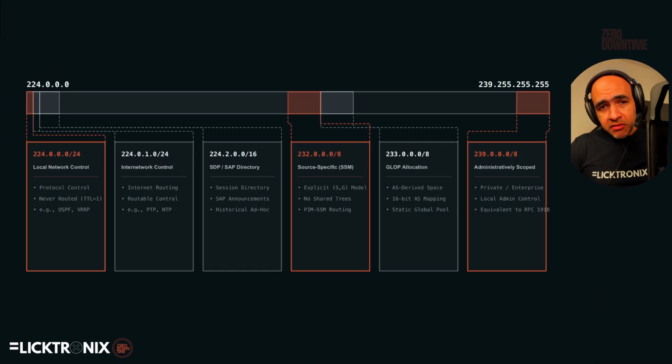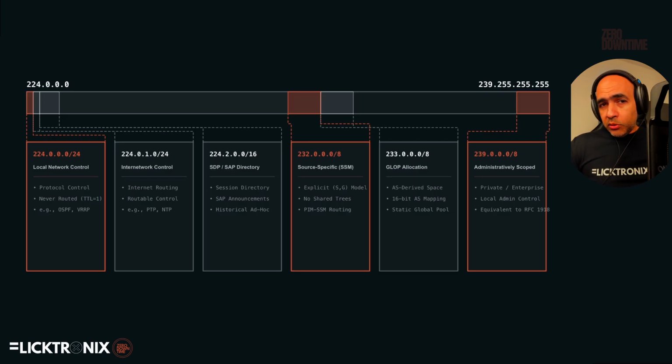Now comes an interesting question. If those 28 bits identify groups, why not simply allocate addresses sequentially? That is a very good question. But because multicast groups don't all have the same meaning or scope, we need some grouping strategy here.